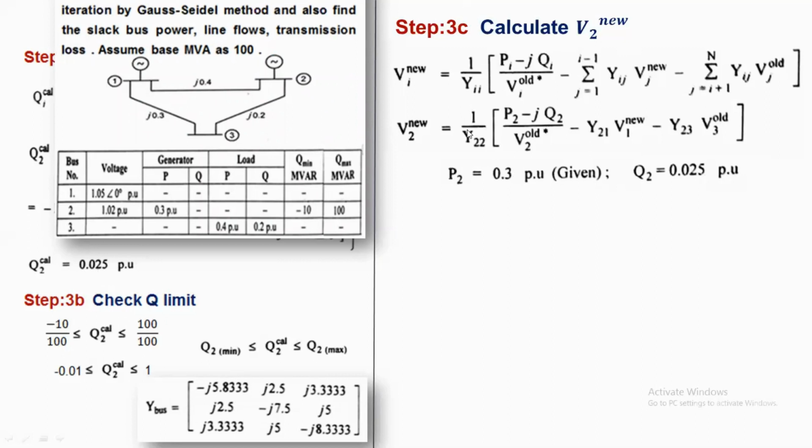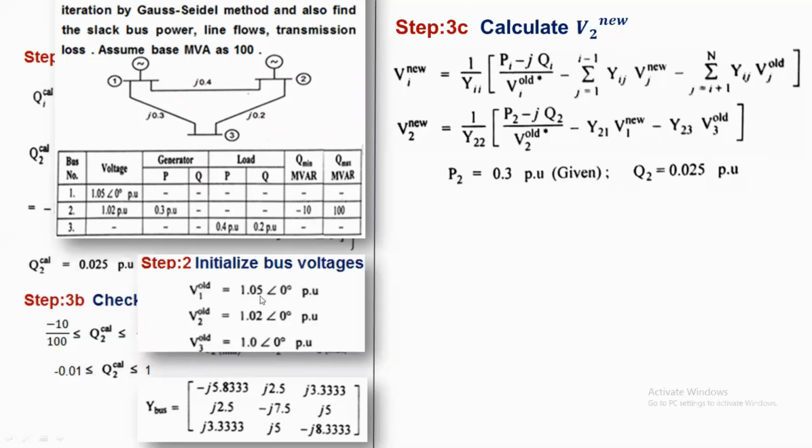Then Y22, Y21, Y23 are taken from the Y bus. Then the initial bus voltages: V1 old is equal to V1 new, that is 1.05 angle 0 degree. Then V2 old is equal to 1.02 angle 0 degree. Then V3 old is 1 angle 0 degree.